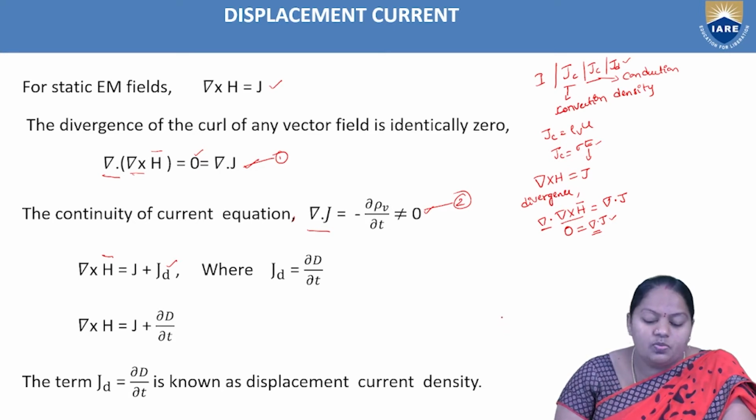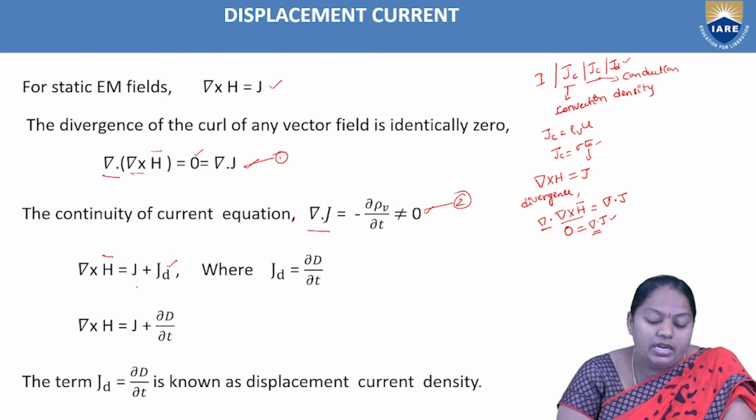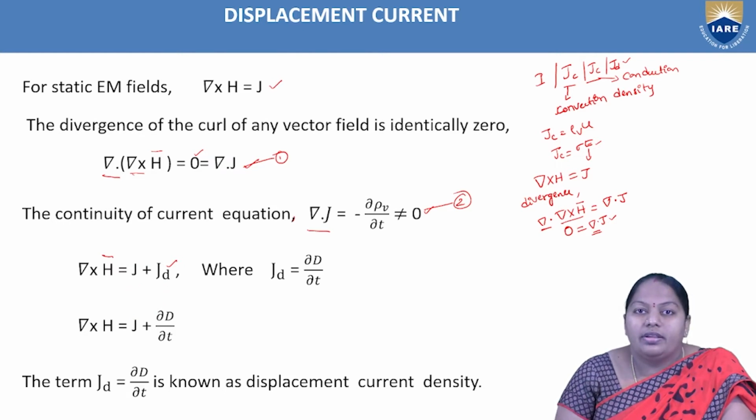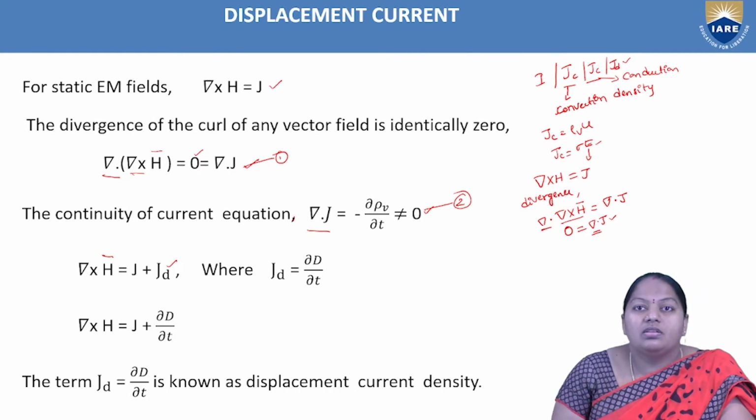So del cross H bar equal to J plus JD, where J is said to be the conduction current density and JD is the displacement current density. So to resolve this conflict which exists between 1 and 2, we add one term called displacement current density to the RHS of Ampere's Circuital Law. Then it becomes del cross H bar equal to J plus JD.